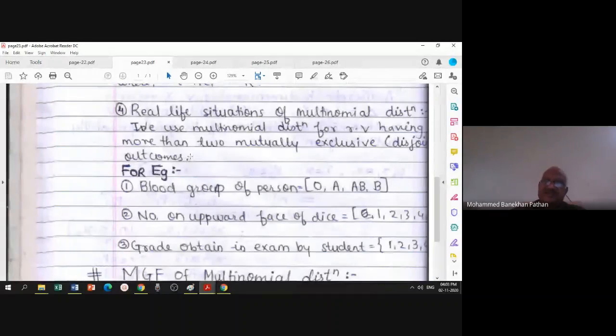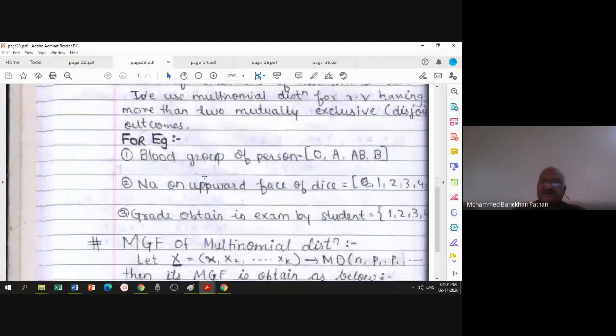So any experiment which has more than two mutually exclusive outcomes, in that situation you can go with multinomial distribution. For example, you are taking a survey in a blood bank.